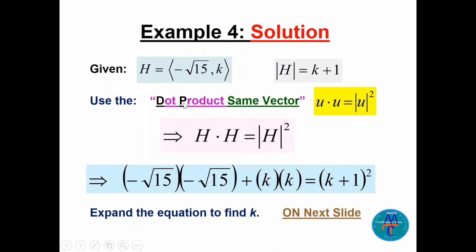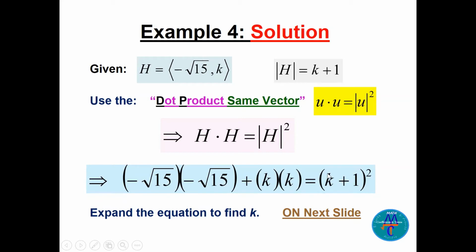Let's use the dot product of the same vector. u dot u is equal to magnitude of u squared. We can apply that to vector h. So h dot h will be the magnitude of h squared. So we can see minus square root of 15 times minus square root of 15. So this is like ac plus bd, k times k here, is equal to the magnitude, which is k plus 1 squared.